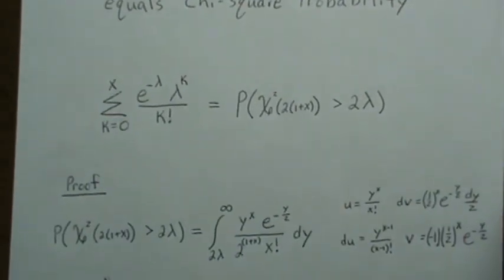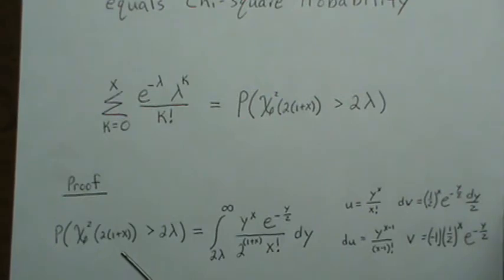So we start out with the probability, and then to be greater than 2 lambda is an integral with the chi-square distribution, with 2 times 1 plus x as the degrees of freedom. And you end up with this.